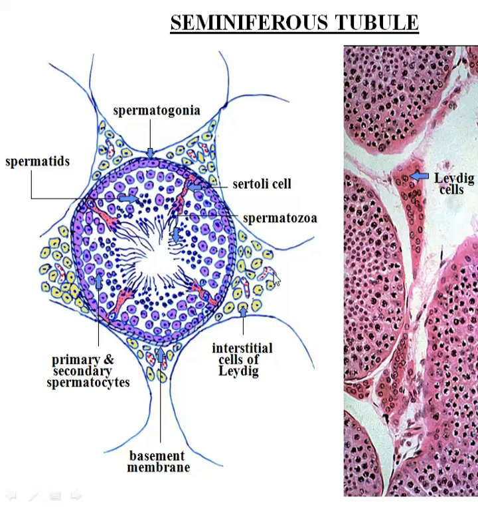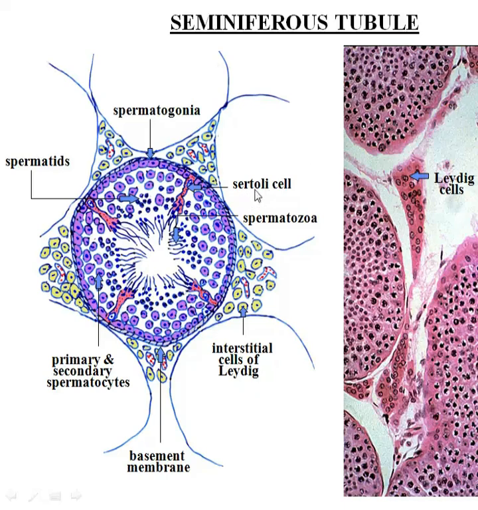So all these seminiferous tubules are surrounded by blood supply. Naturally they require some blood supply and Leydig cells. Okay. So in the seminiferous tubule you have to remember three types of cell. First is the interstitial cells of Leydig, which lie outside the seminiferous tubule.